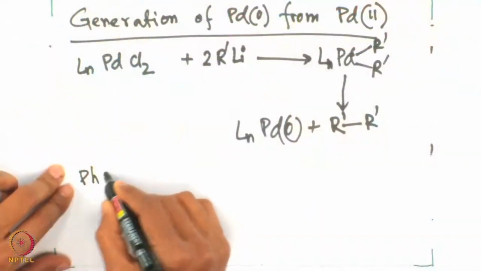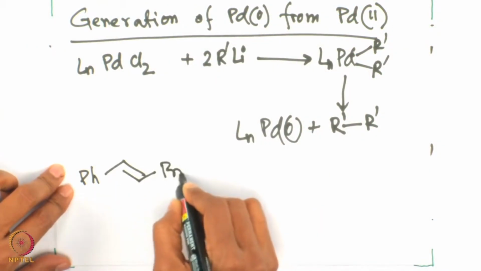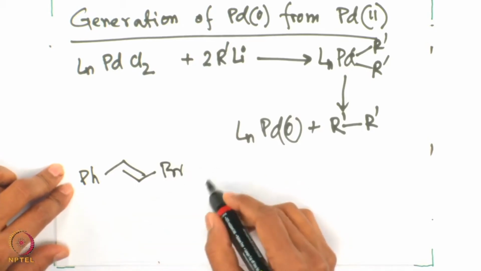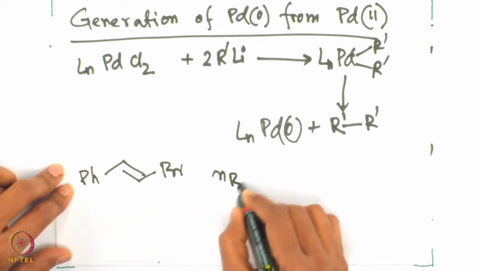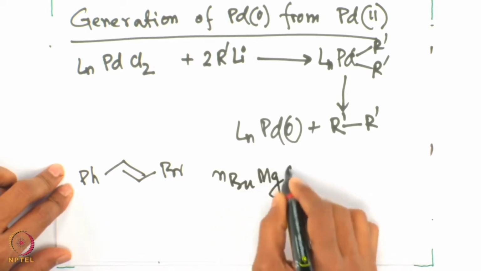Let us look at some examples of these Kumada coupling reactions. One example that is easy is a styrenyl bromide with, for example, N-butyl magnesium chloride.